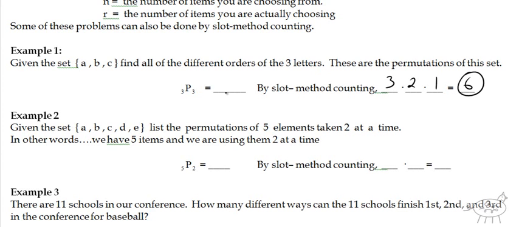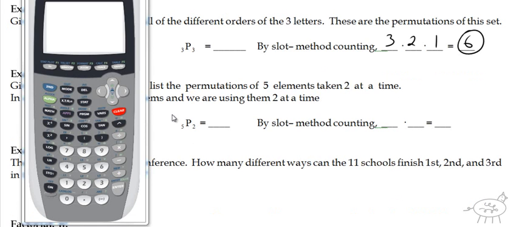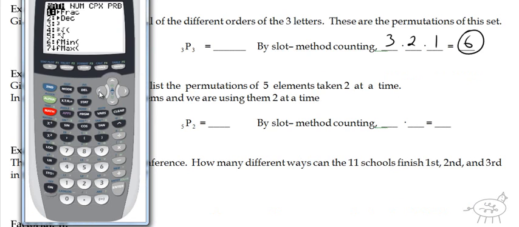Now, if you do 3P3 on your calculator, let me show you where you find this. I've got my TI up here, and what you're going to do is hit math, and I always hit the left arrow because you have to go to PRB. You could hit the right arrow 3 times, or the left arrow once, and nPr is number 2.